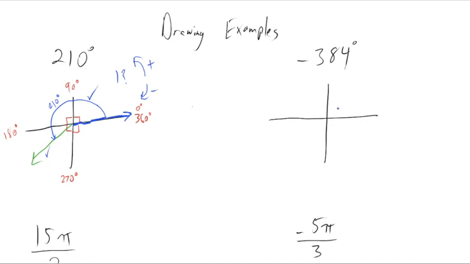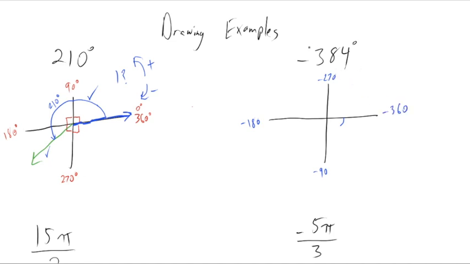Let's look at this next one over here. Again, this one's a negative, so that means I'm going to start by going down. And this time, since I'm going down, this would be the first 90 degrees I see. This would be the second 90 degrees, the next 90 degrees, the next 90 degrees.